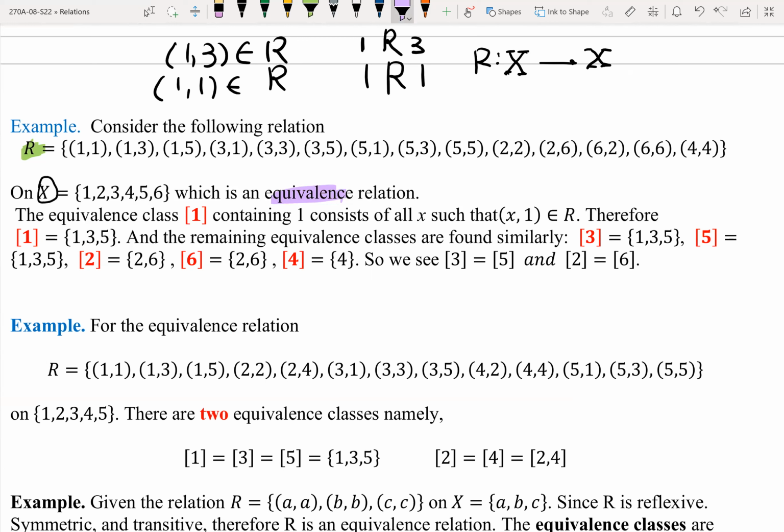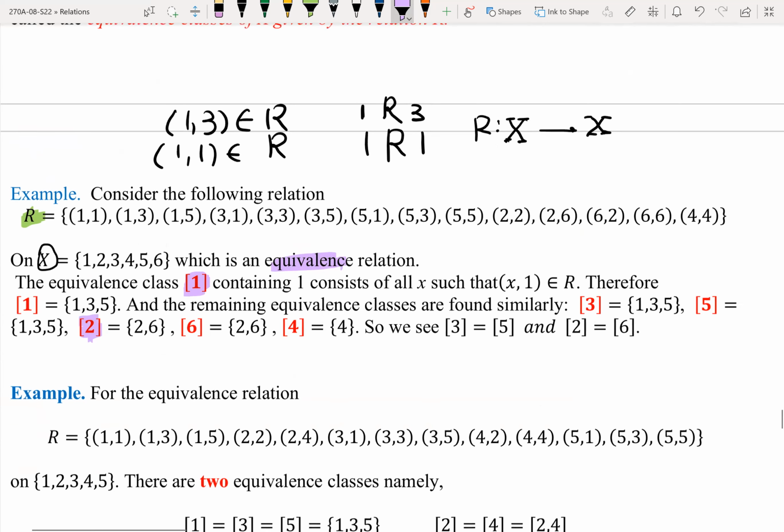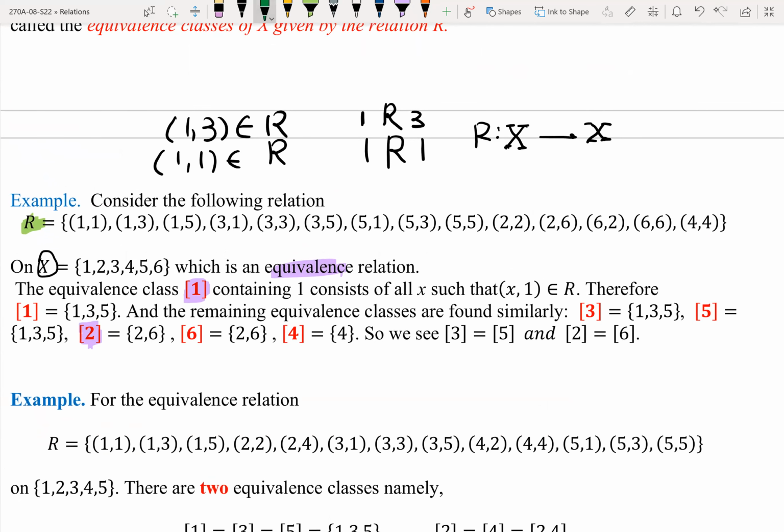Then we try to write the class of equivalency for whichever numbers are related to the one, whichever number is related to the two, and to the 3, 4, 5, and 6, okay? Your definition one more time: the class of A is the set of all x's such that x is related to A, okay?